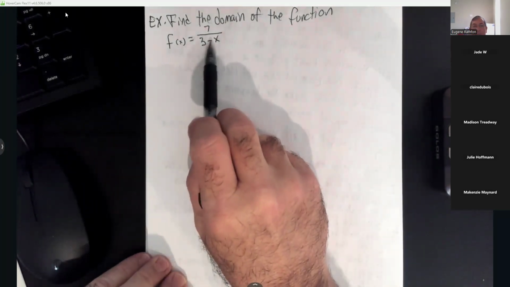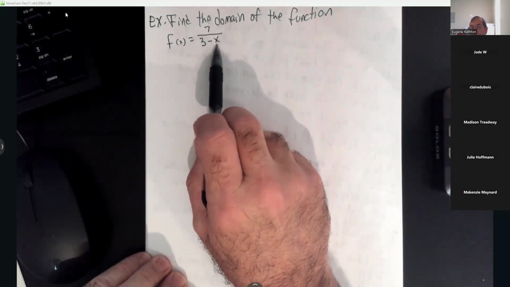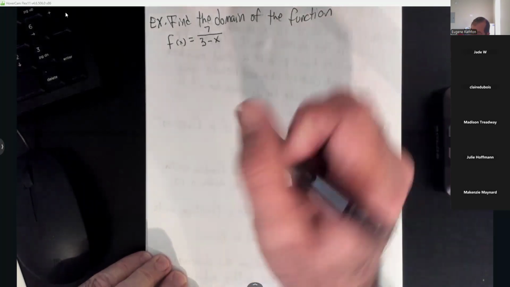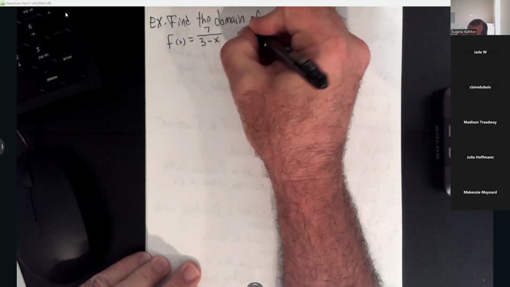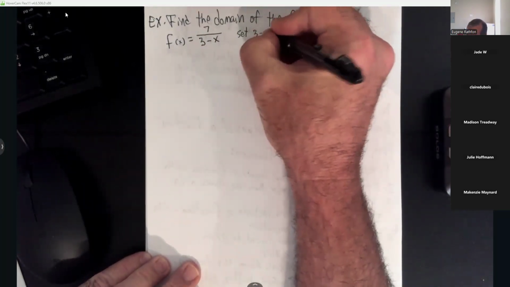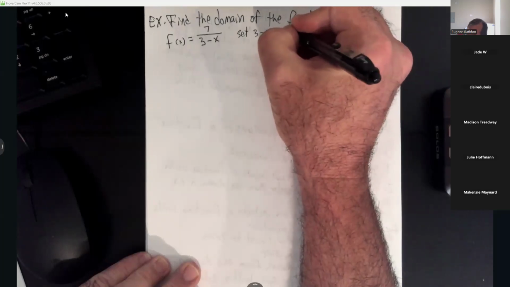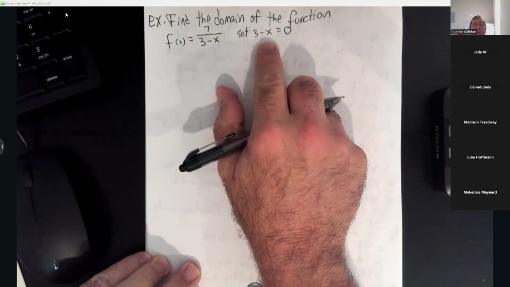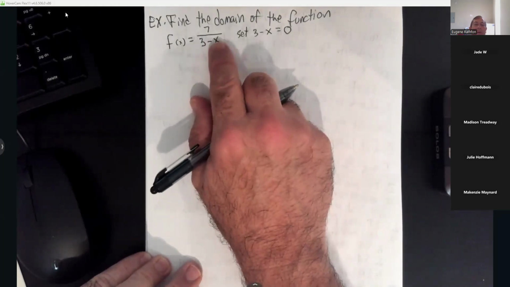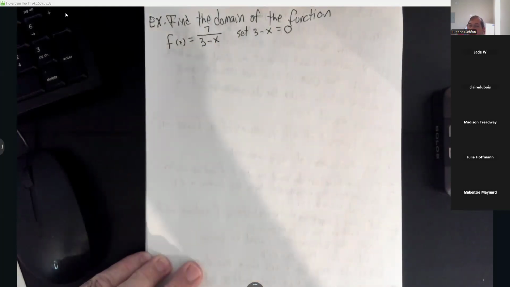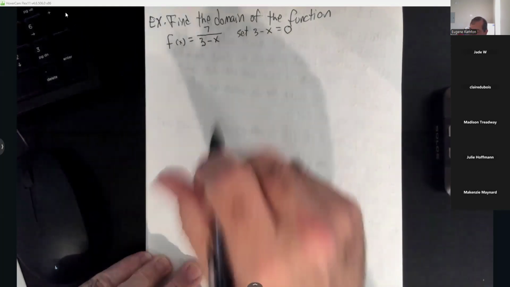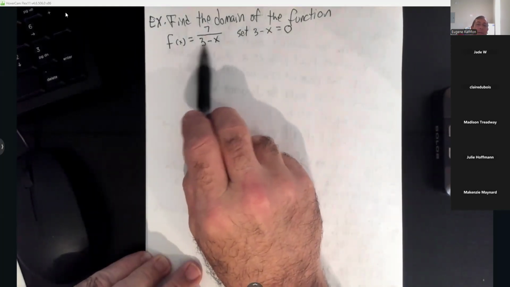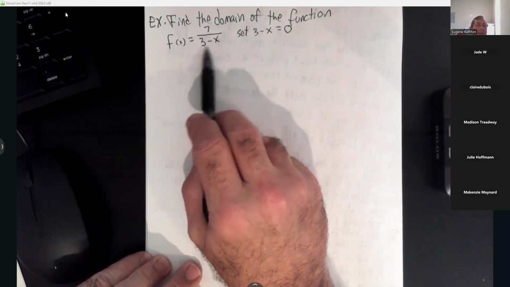So I do have a fraction with a variable in that denominator. So what we said was we're going to set the denominator 3 minus x equal to 0. So now when I solve this, that'll give me the number that I cannot keep in my domain. Now this, you can pretty much tell what number is going to make this equal 0, right?